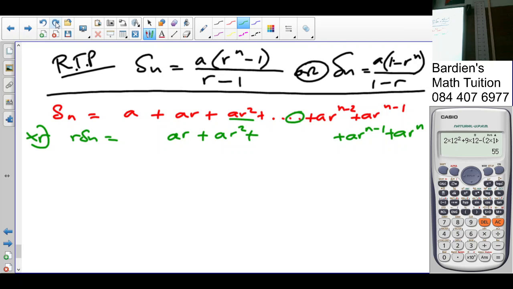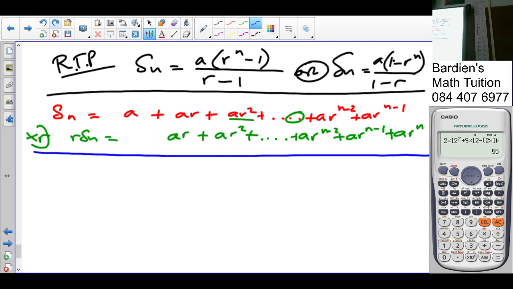Does it make sense? So what I do now is draw the line, and as I did before in the arithmetic, we added both lines. What do you think we're going to do here? Subtract, so that terms can cancel. So I throw out a negative, multiply by negative.